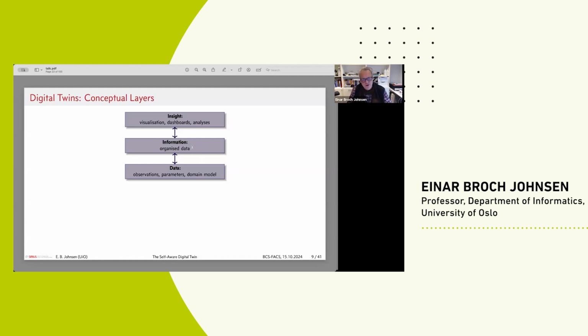So this idea about asset models and turning this digital thread into organized information lives in this layer of information here. And on top of this, we have an insight layer, which is about creating insights into this structure. And this is typically now in state of practice. It's about dashboards, visualization of things, and that kind of stuff.